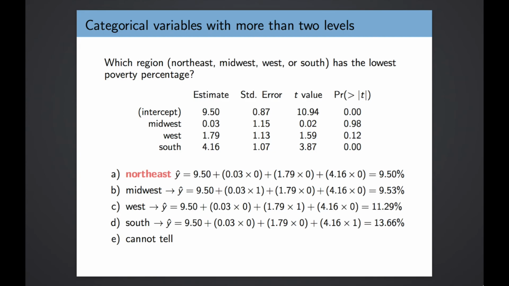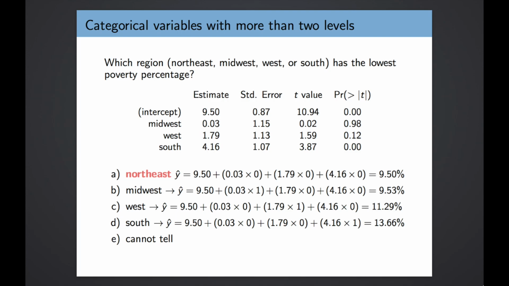If any of them had negative slope coefficients, they'd have something subtracted from the estimate, which would mean that they are getting a lower predicted value of y. But in this particular example, all of those have positive slope coefficients, and so it turns out that northeastern states are the ones that have the lowest predicted poverty percentage when we estimate this model.